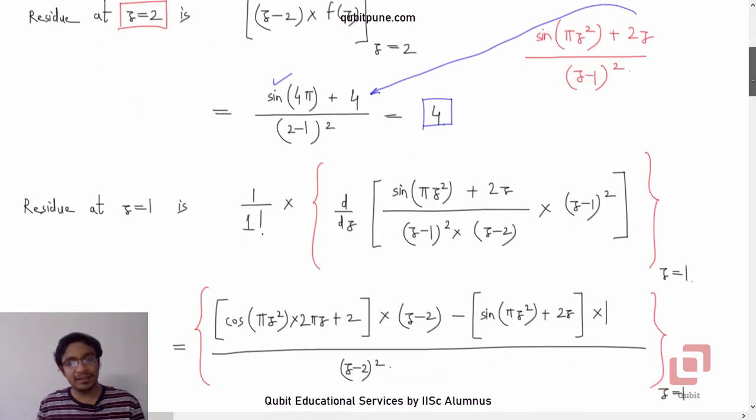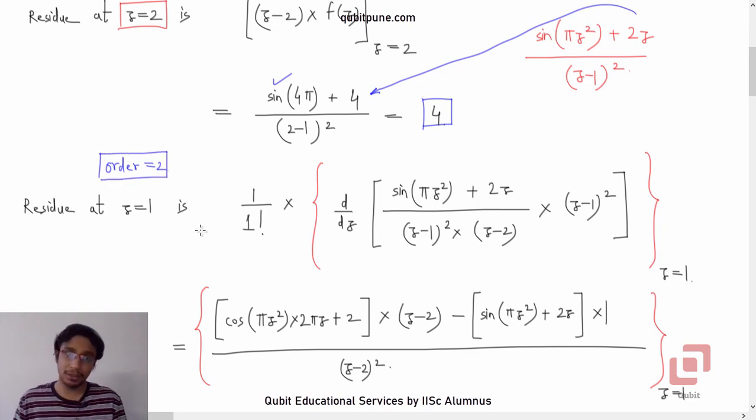Now to find the residue at z equal to 1, which is not a simple pole but a pole of order 2, we will use the formula which we developed for poles of higher order. Okay, so here k is 2 in our usual notation.